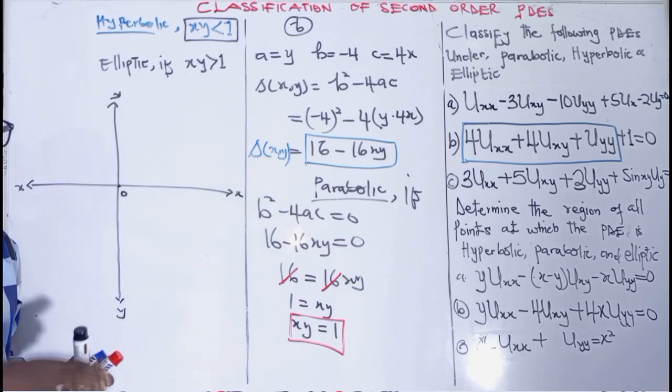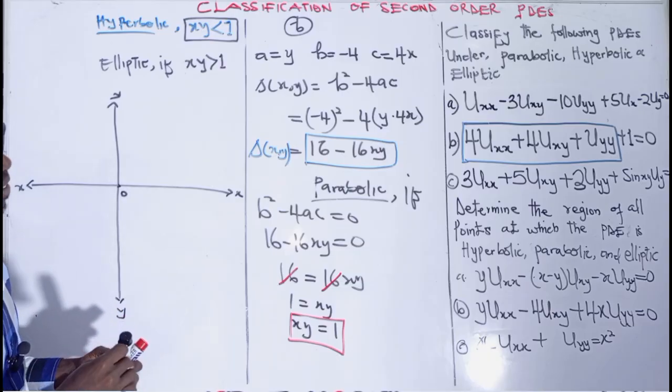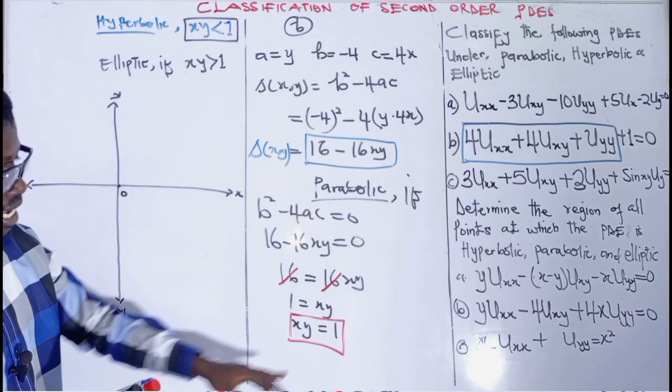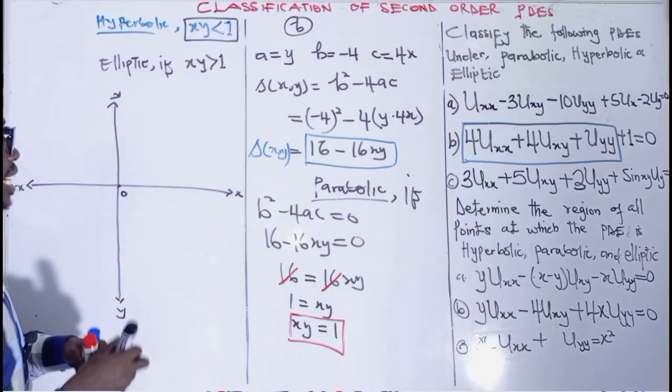So we are going to determine all points. We are talking about all points. So let's start with the first one, which is parabolic, and its equation is given as xy is equal to 1.